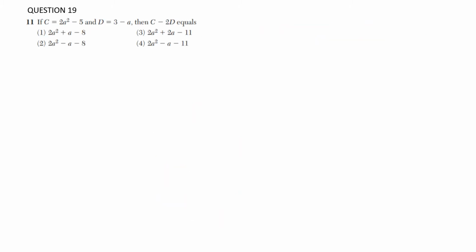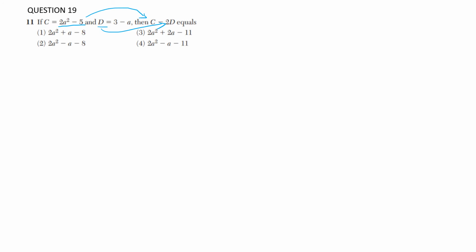So this question asks, if c equals 2a squared minus 5 and d equals 3 minus a, then c minus 2d equals. So this question is pretty simple. We can just take this c value, plug it into here, and then the d value, we can plug it into there, right?